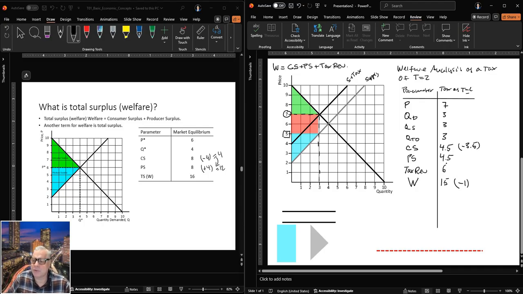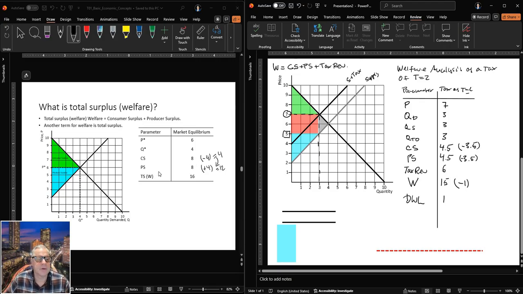So they lose 3.5. So consumers and producers lose together 7, but the government gains 6, so there's still a net loss of 1, so the deadweight loss is 1. And of course, as you can already guess, this area here is the gray area, is again the deadweight loss.